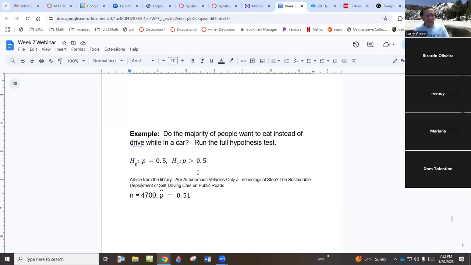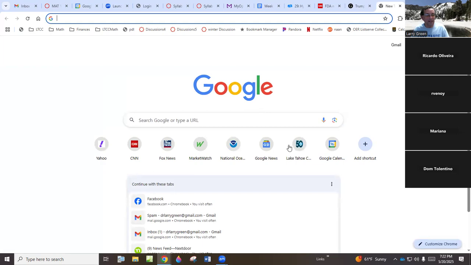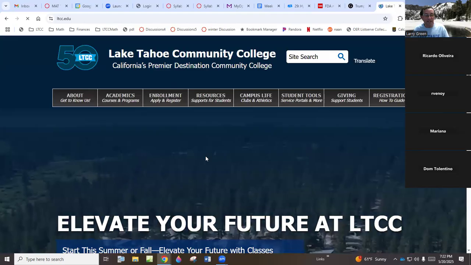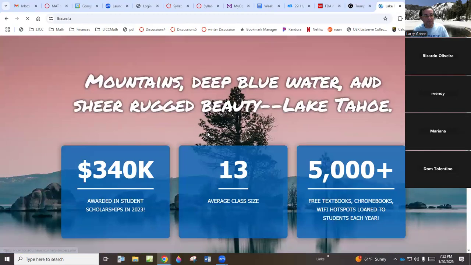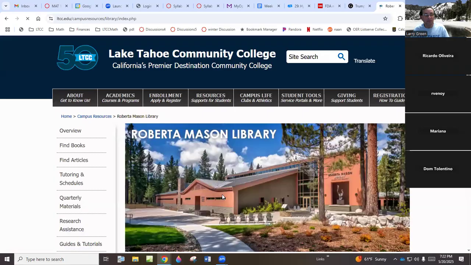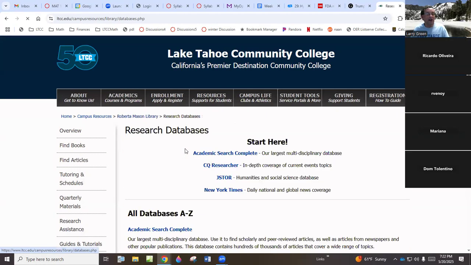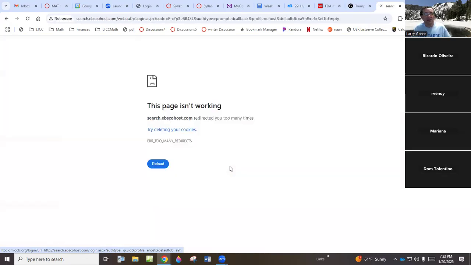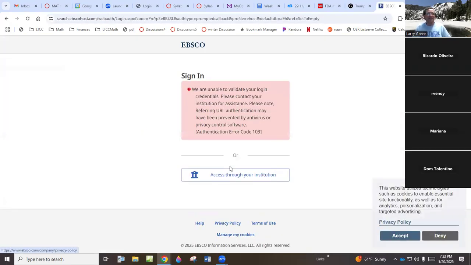Oh, I do want to mention, if you go to the LTCC website, Lake Tahoe Community College website, ltcc.edu, and you go to library, and you go find articles, and you go to Academic Search Complete. Uh-oh, this isn't supposed to happen.